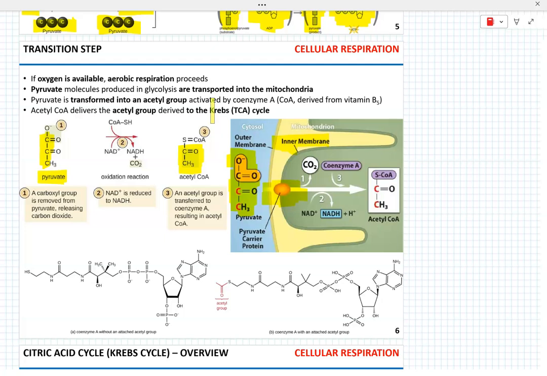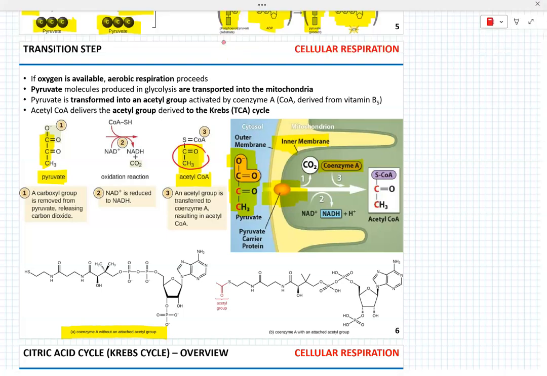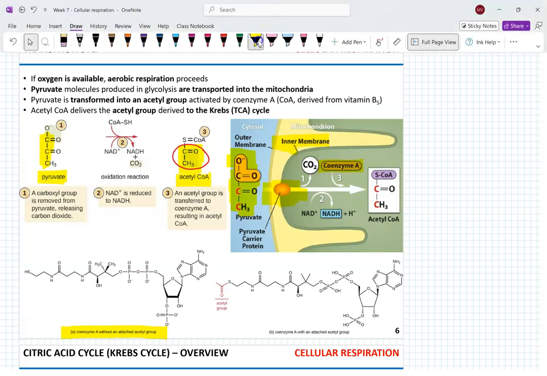This process requires the presence of so-called coenzyme A. You can see the formula of coenzyme A at the bottom. Coenzyme A essentially carries that acetyl group. I'm going to circle it so you understand which group here is an acetyl group. It carries this acetyl group to the Krebs cycle.